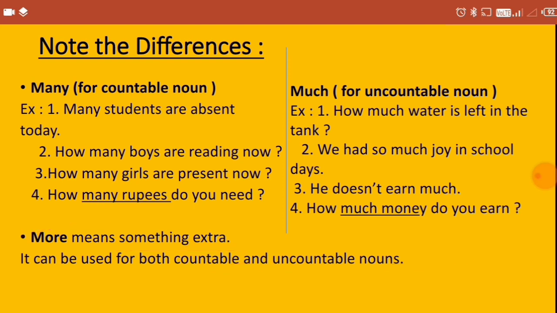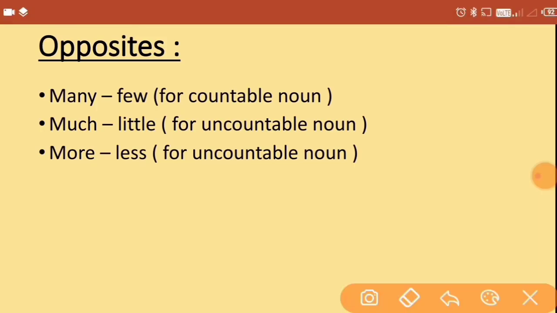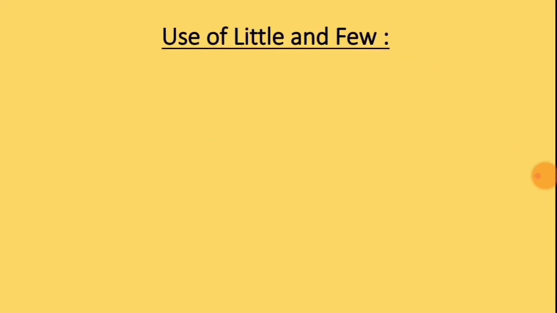Okay. Next. Now here are some opposites of many, much and more. Few is used for countable, much is used for uncountable, less is used for also uncountable noun. Use of little and few.